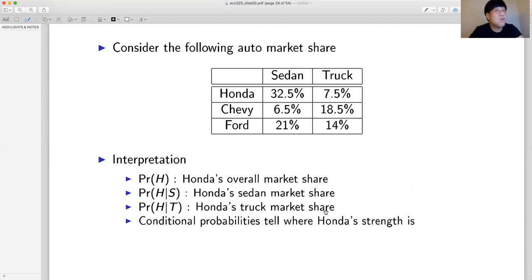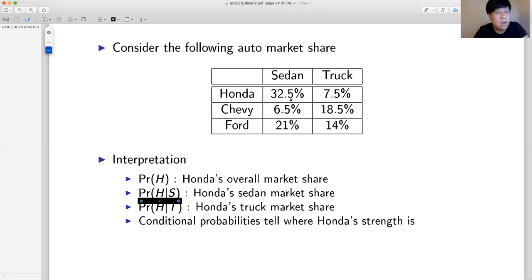Okay, so we can tell, conditioning on sedan or conditioning on truck, which market share is bigger, then it can tell you what is Honda's strength. So previously, the conditional probability of this one was what? 32.5 over, let me use my calculator, 32.5 divided by summation of this one, which was 60%.